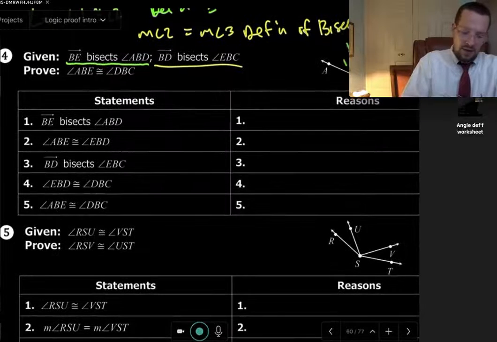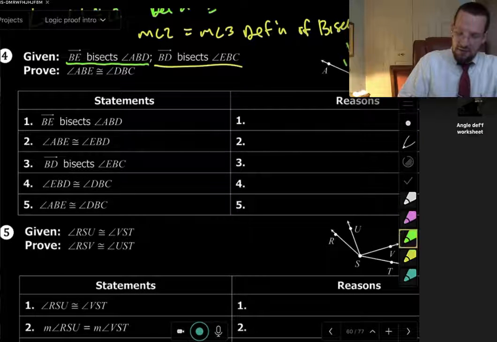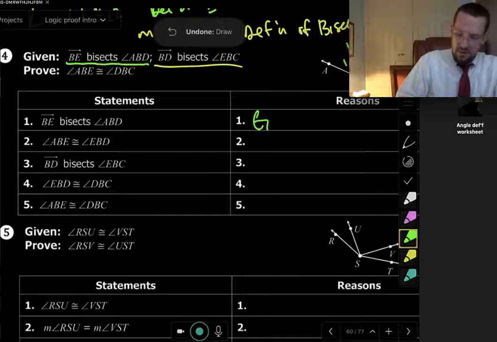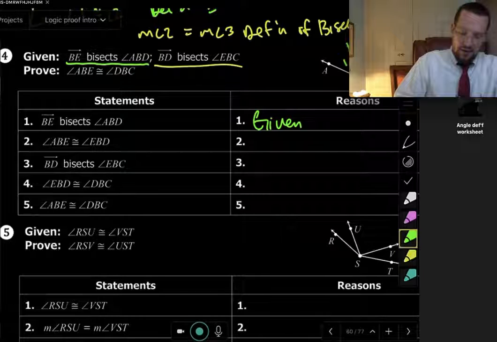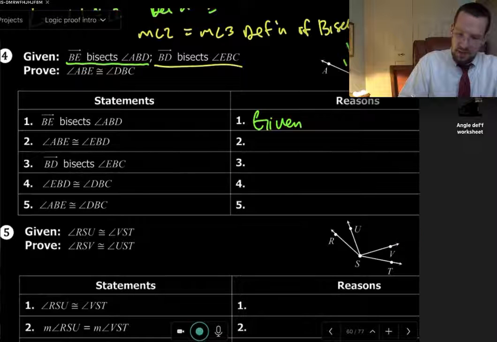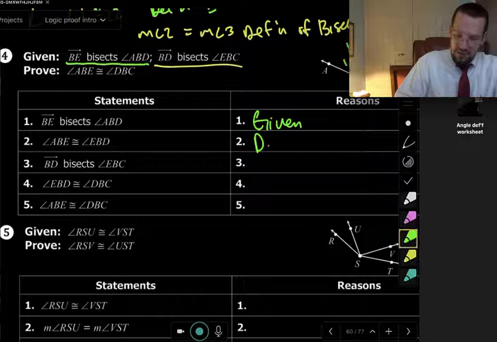So let's see. This is our given information in green. That's the word given. And then this is angle 1 and angle 2. So the reason ABE is congruent to angle EBD, that is literally what the bisector is doing.